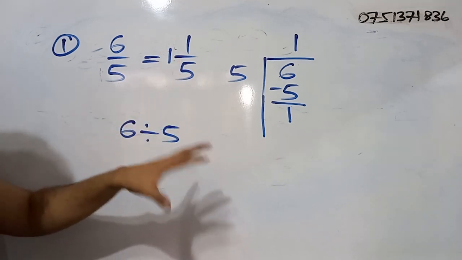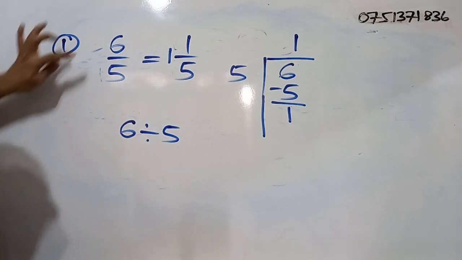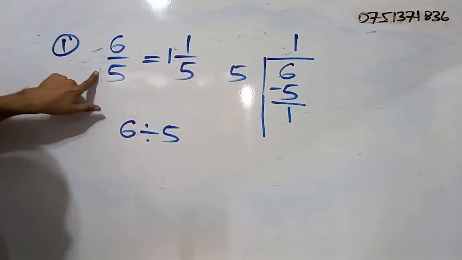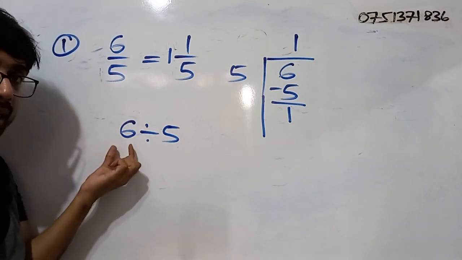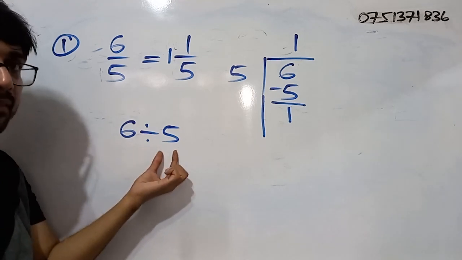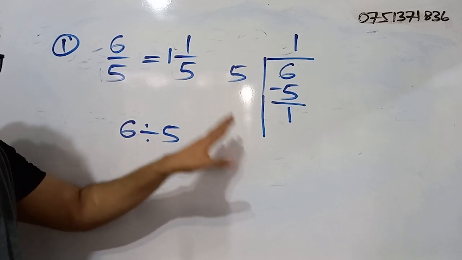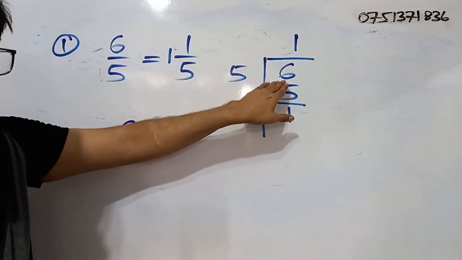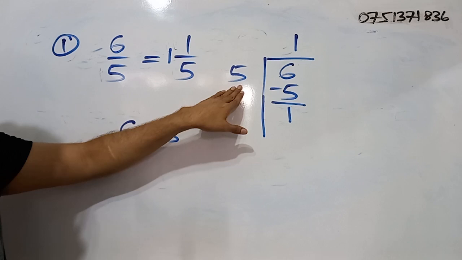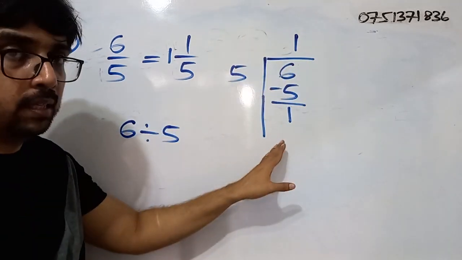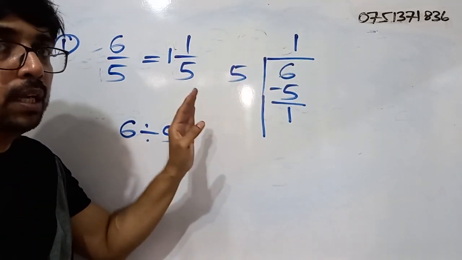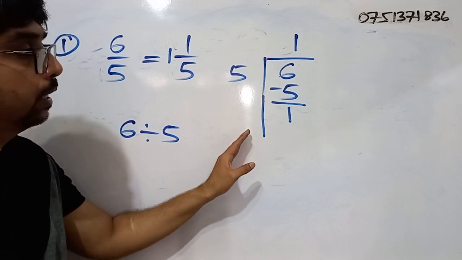So we will go through it again. 6 by 5 means what? We can say it is 6 divided by 5. Right? So what we do is we take 6 and divide it by 5. So this is the division process. When we do the division, we use the long form of division. Right?